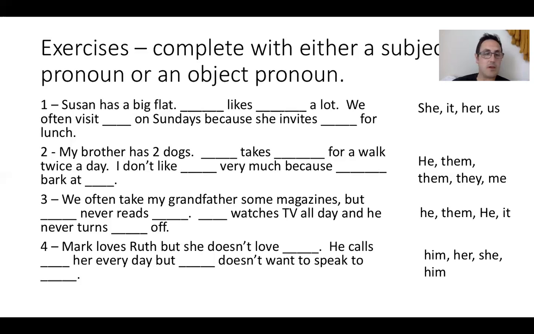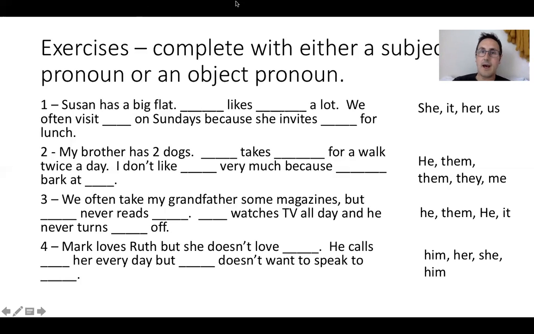Okay, so you have Mark loves Ruth, but she doesn't love him. He calls her every day. So that second her here shouldn't be there. My bad, sorry, guys. But she doesn't want to speak to him. Okay, she, because doesn't want is in front of the verb, before the verb.